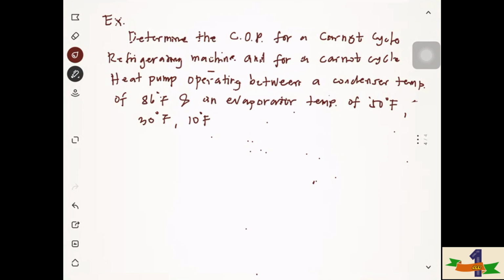This is our solution. The COP of the refrigerator for our Carnot cycle is a function of temperature, that is TL over TH minus TL.